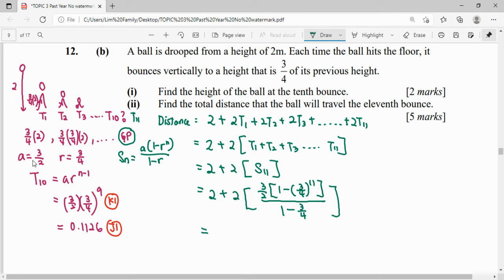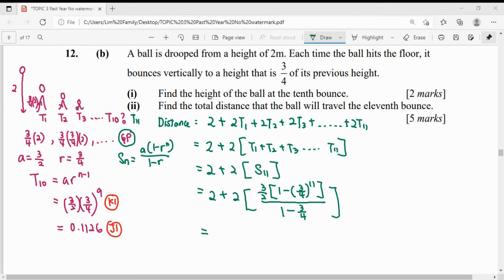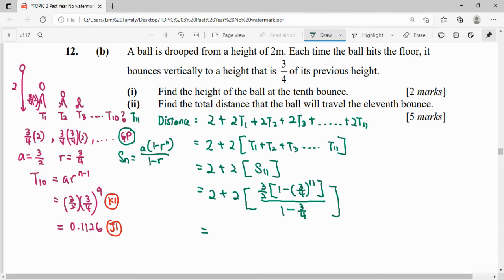So we can calculate this in our calculator. So it will give us 13.4949. So that will be our total distance traveled.